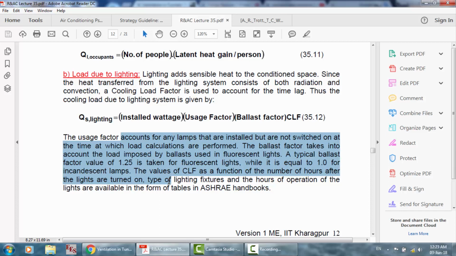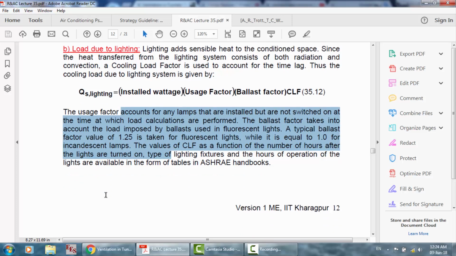A typical ballast factor value of 1.25 is taken for fluorescent lights, while it is equal to 1 for incandescent lamps. The values of CLF as a function of the number of hours after the lights are turned on, type of lighting fixtures, and the hours of operation of the lights are available in the form of tables in ASHRAE handbooks.